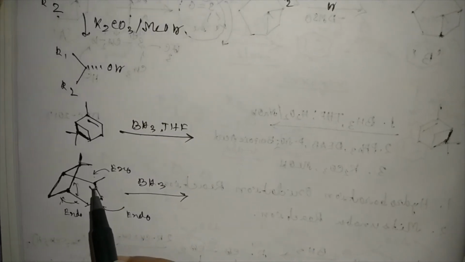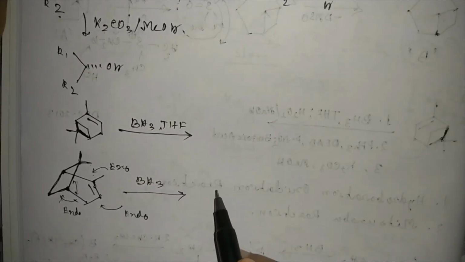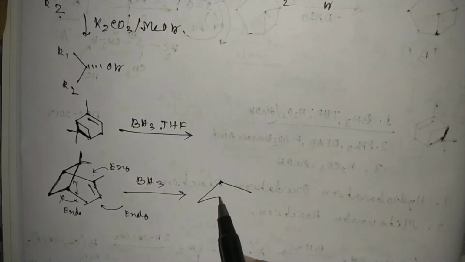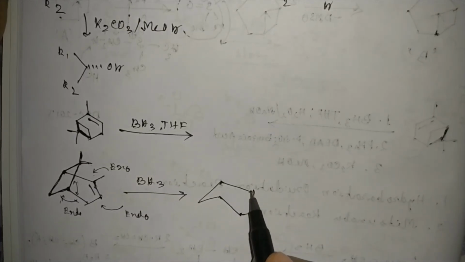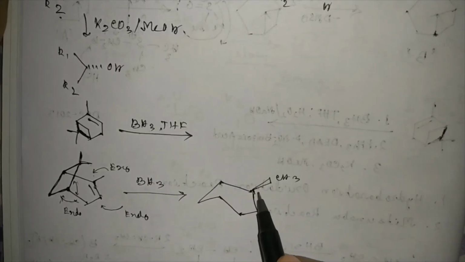So if it comes from the exo side, then these two methyl groups will create some steric crowding. So BH3 must come from the endo side, and if it comes from the endo side, the product will be like this. The methyl group will go above and the hydrogen will be below and the BH2 will be below.